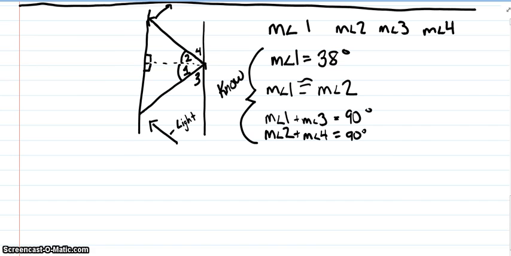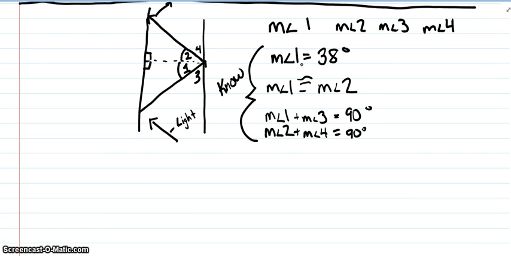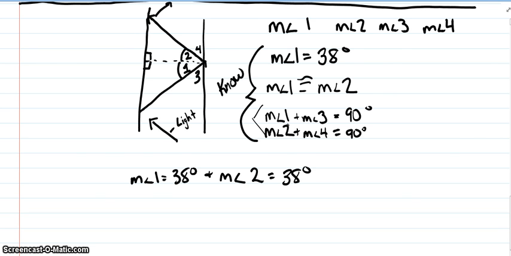So obviously we know the measure of angle 1 is 38. So if the measure of angle 1 and the measure of angle 2 are the same, then the measure of angle 2 has to be 38 as well. So now we know that the measure of angle 1 equals 38, and the measure of angle 2 equals 38. So with that, if we look here at what we know about these complements, we can plug in.